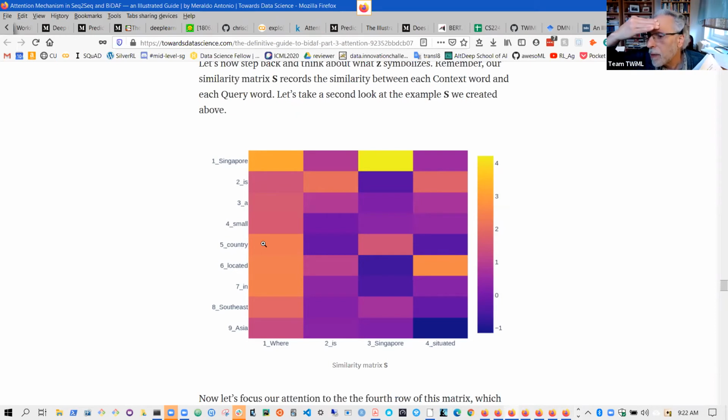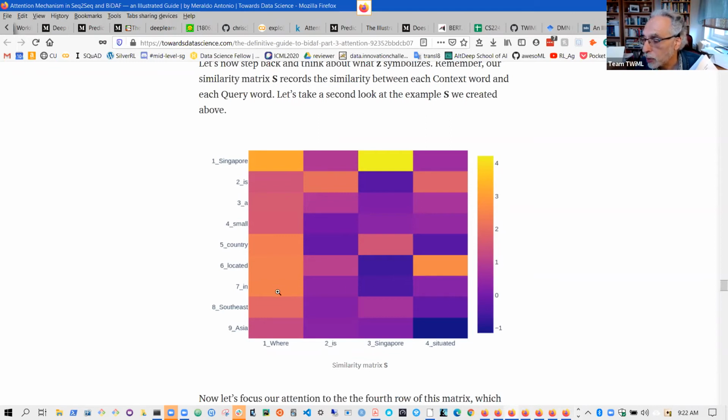So M5 is going to be this element, and so on. You can do the same thing. M6 is going to be this element. It looks to me like this is the maximum. Located, situated: these two words are the most similar. So does that make sense how we're getting the M sub i vector? We're going over this similarity matrix and picking out the element corresponding to the maximum of each row.